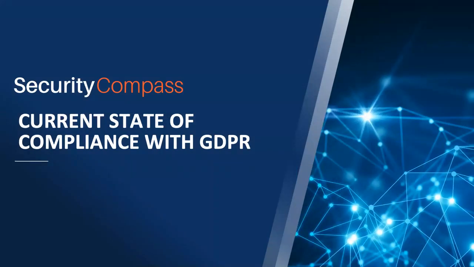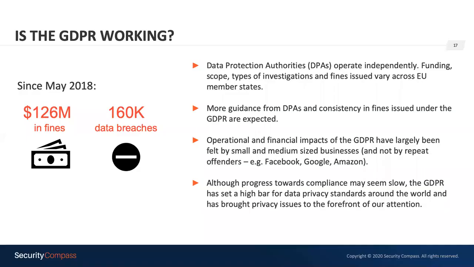So is GDPR compliance working? What has enforcement looked like, and what is the current state of compliance with GDPR? So briefly, I'll first talk about the enforcement and penalties associated with the GDPR.